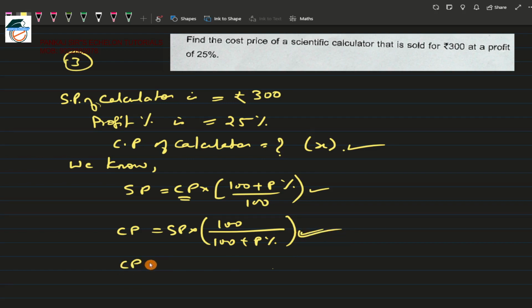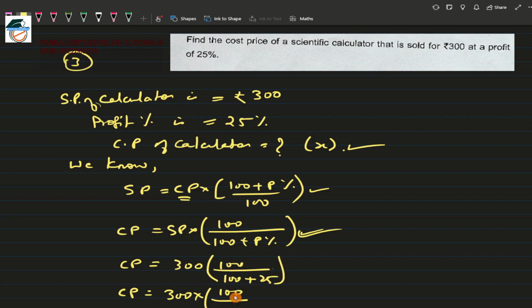So cost price will be equal to selling price, given to me as 300, times 100 divided by 100 plus profit percent, which is 25. So cost price will be equal to 300 into 100 upon 125, right?